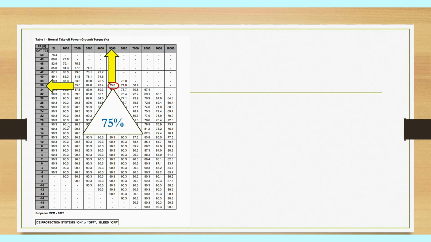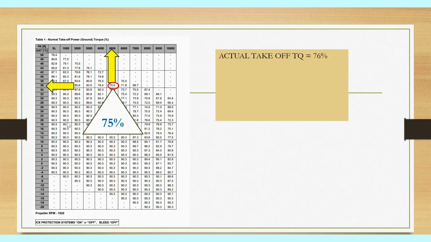Very good. Now let's do some calculations to determine if we can reduce or we can't reduce. So again, the actual takeoff torque was 76%. The 0.9 times the end top torque will be 0.9 times 75, which is 68%. And here clearly you can again see that the actual takeoff torque is greater than the 0.9 times end top torque.